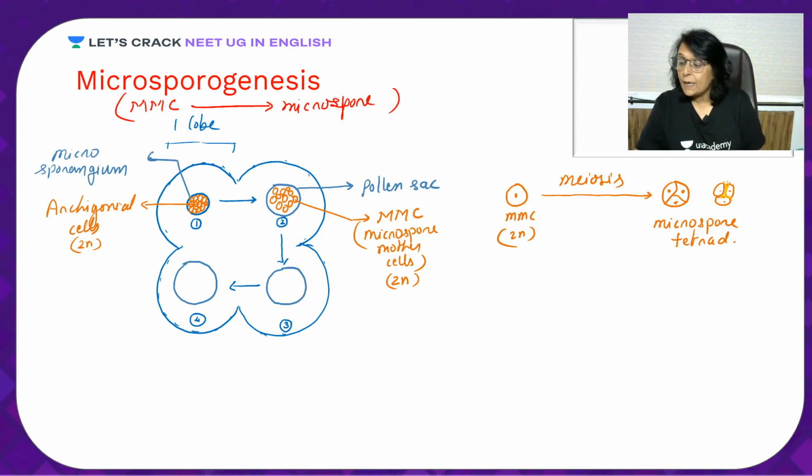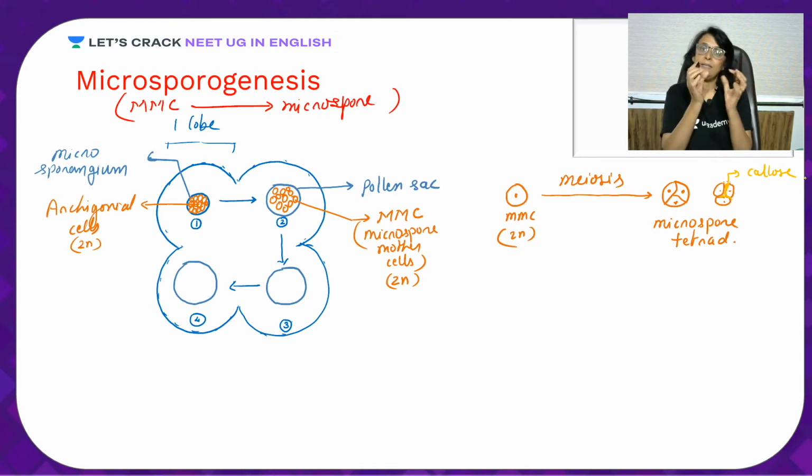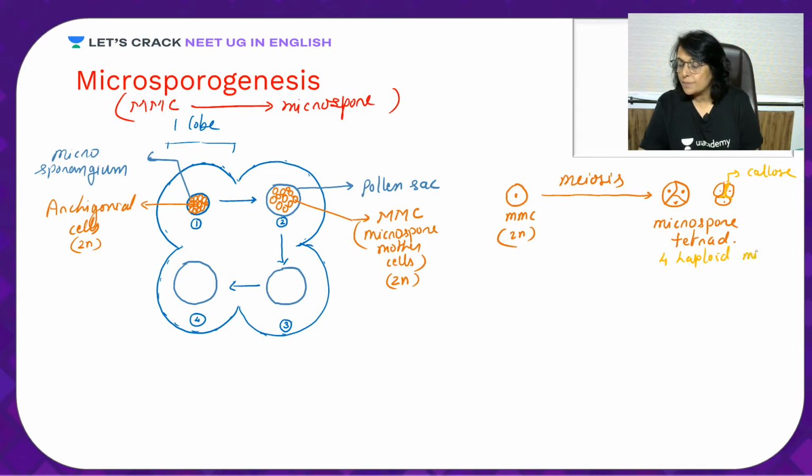It is callose. So four microspores are formed, but they remain together. They are stuck together with the help of a material. That material is called callose. Now this microspore tetrad is made up of four haploid microspores.